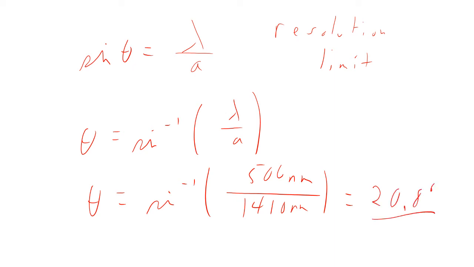Well, gosh, that's pretty pitiful. That means anything closer than 20 degrees apart, you'll never be able to tell you actually have two different sources. This is what happens when the size of your aperture is close to the size of the wavelength.